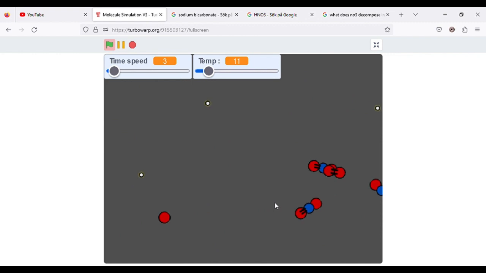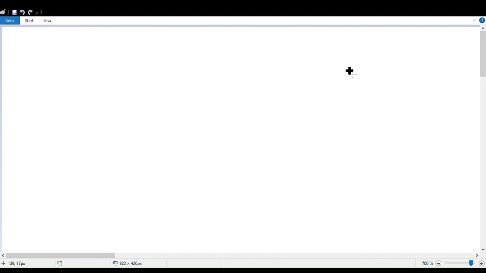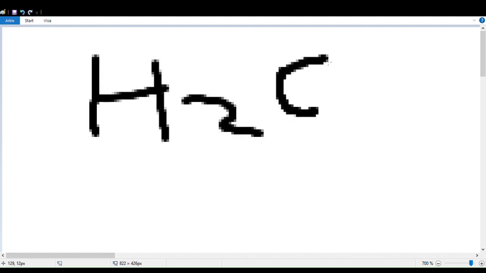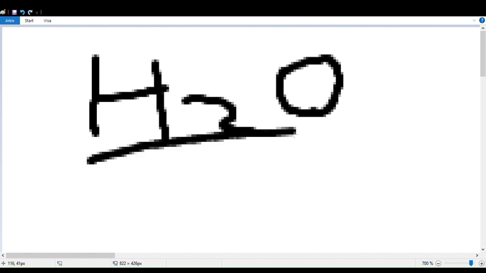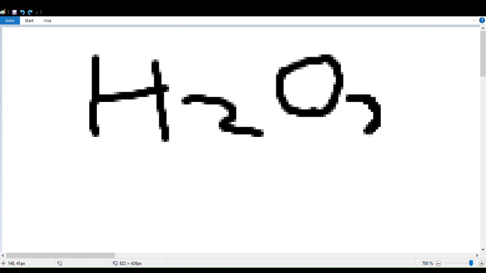Now, let's move on to the next one, which I think you may have heard of. I'm sure we are all familiar with H2O. It's the most popular molecule. It's drinkable. It is the best molecule. It is polar. It is perfect in all ways. But you may not know about its more rare brother.